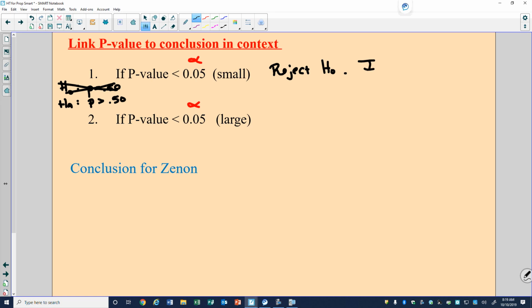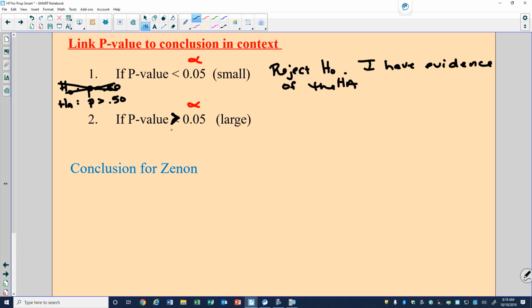So that means I have evidence of the alternative, the HA, okay? Now, this is a typo right here. This is supposed to be a greater than, so let me change that.